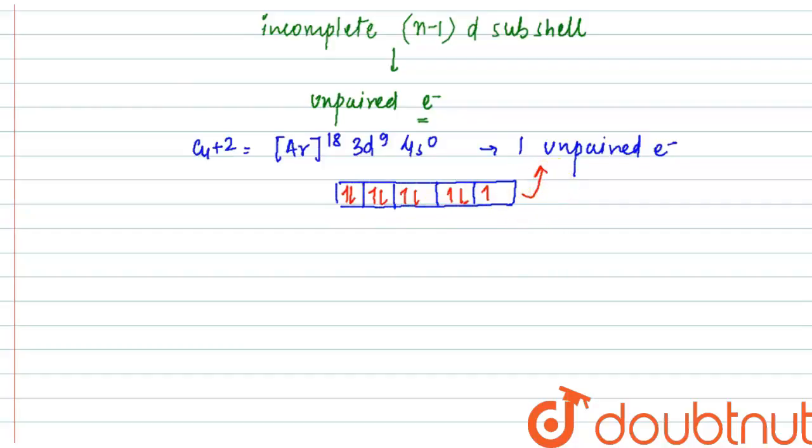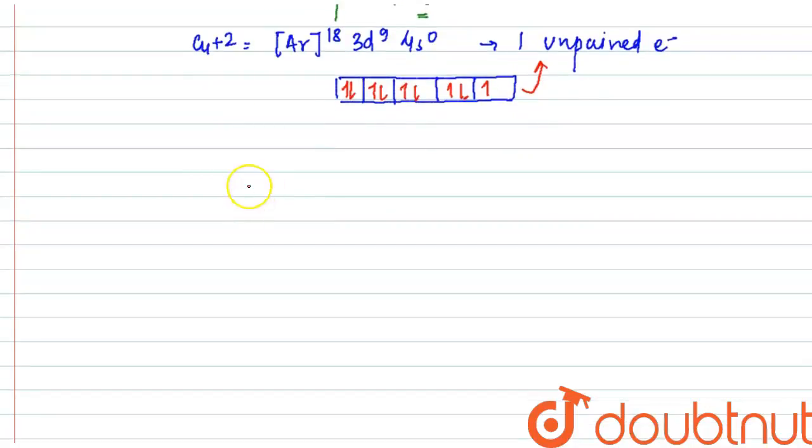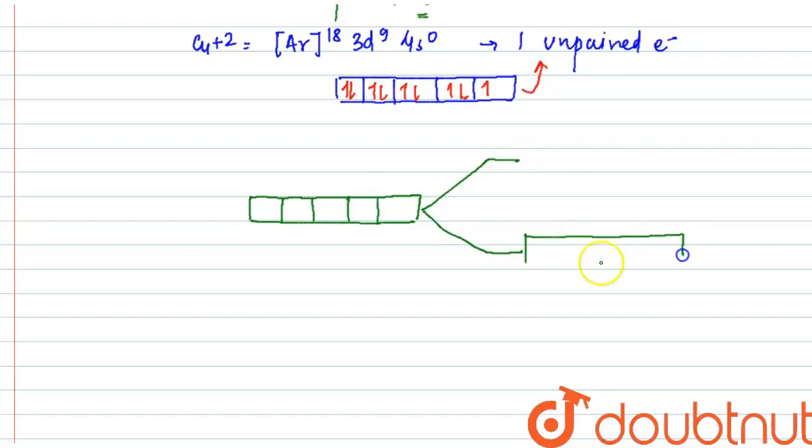Now what happens in the presence of some strong ligand? In this case we have water. The d orbital gets split into 2 energy levels. So we have splitting, that is crystal field splitting, which is something that we call it according to CFT, that is crystal field splitting theory. Let me just write it down.